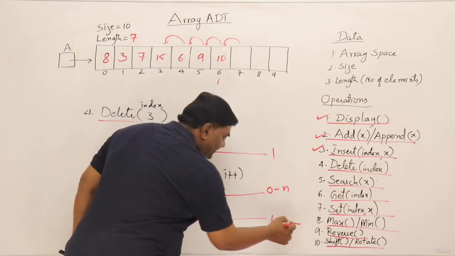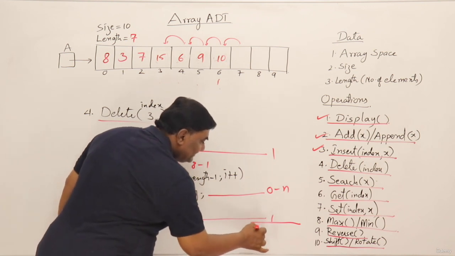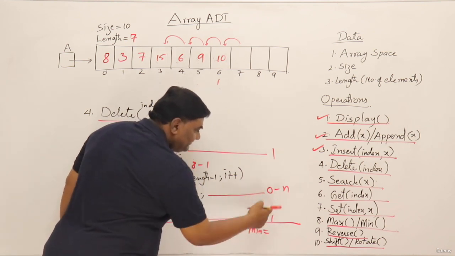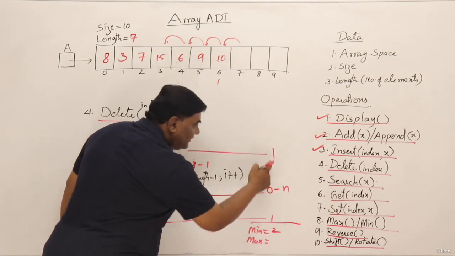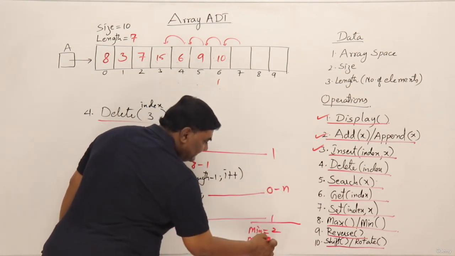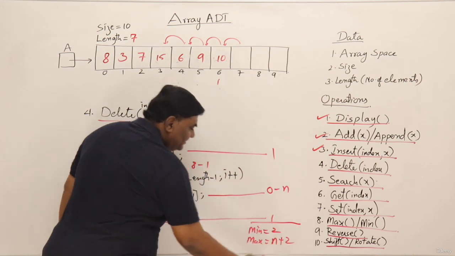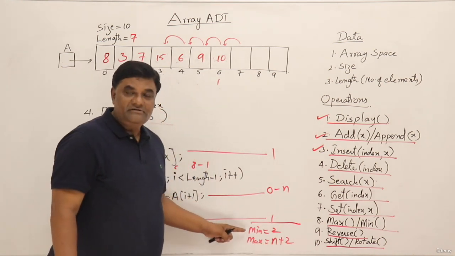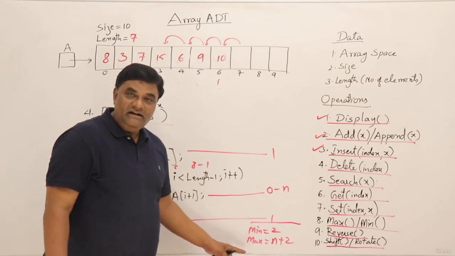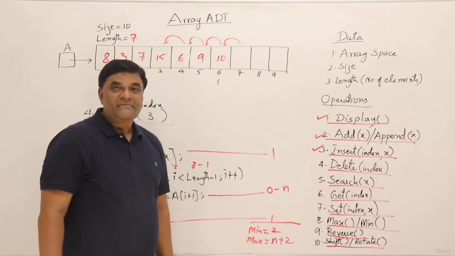If I write, minimum time is 1 plus 1, that is 2, and the maximum time is 1 plus 1, that is 2, as well as n. So n plus 2. So the best time is 2, that is constant. Worst time is n, that is maximum. So what is the best case?